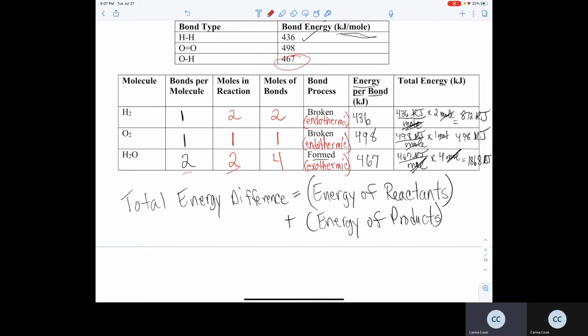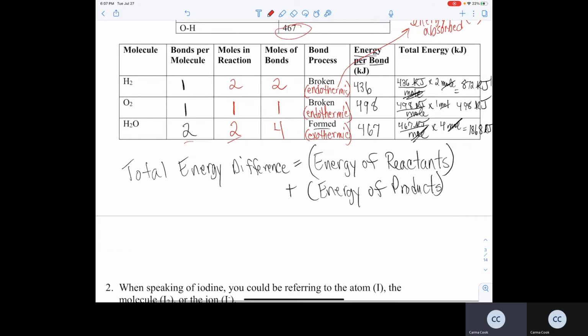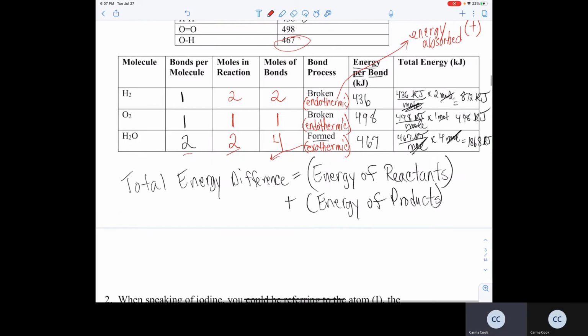In endothermic processes, energy is absorbed, so the energy has a positive sign. However, in exothermic processes, energy is released, and that is a negative sign.